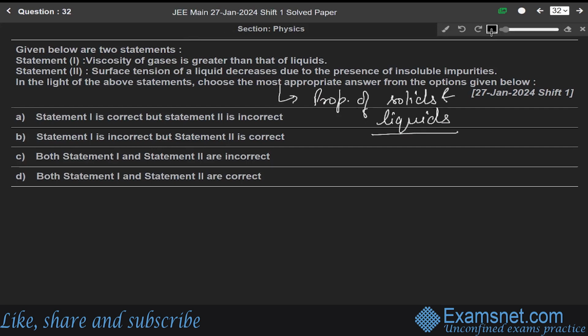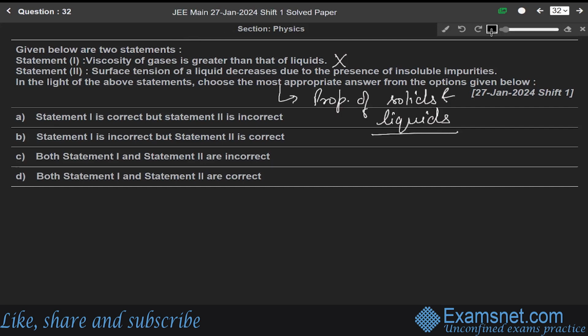Statement 1 says that viscosity of gases is greater than that of liquid. This statement is false, as the viscosity of liquid is greater than that of gases. So this statement is wrong. The second statement is that surface tension of a liquid decreases due to the presence of insoluble impurities.